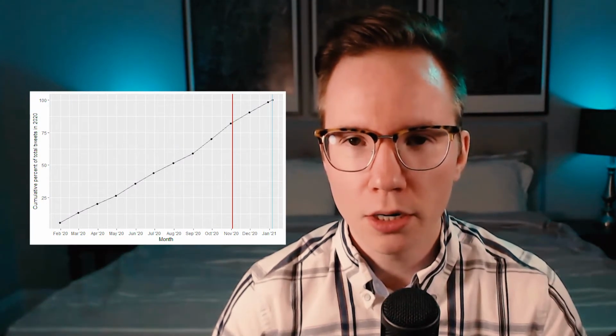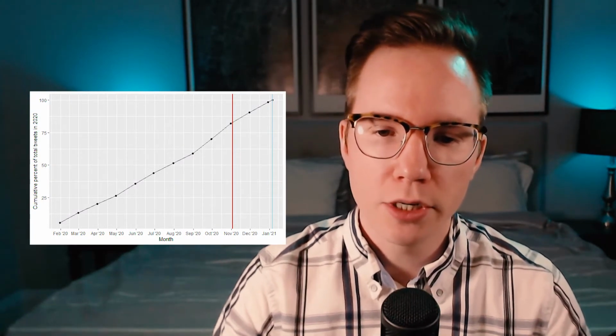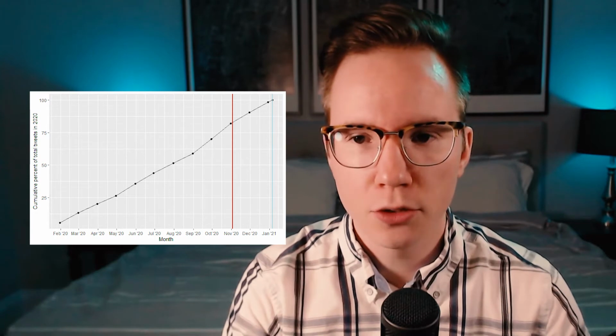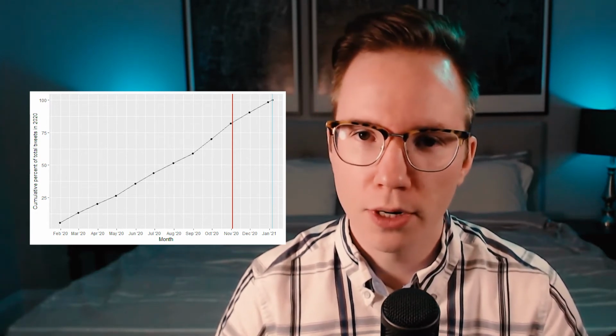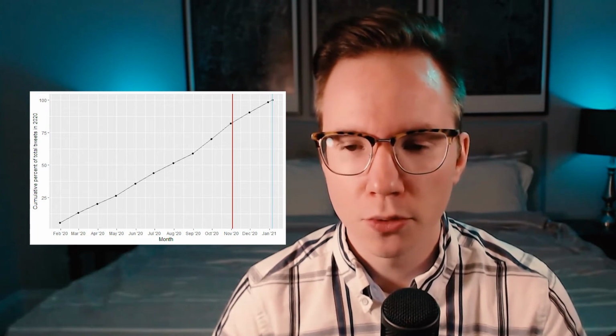For a cumulative distribution, we can create an ogive chart, which is shown here. In this example, we have the tweets by Donald Trump. So this is the same data set we were looking at the other week. And along the bottom, we have a time series from February 2020 to January 2021 when he was banned from Twitter.